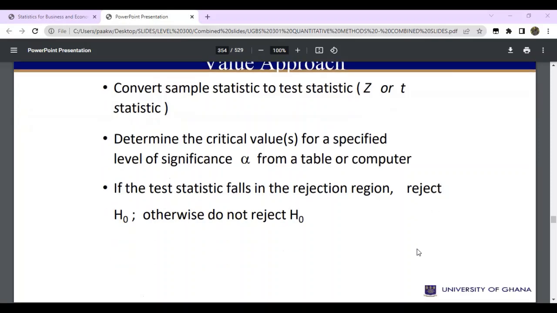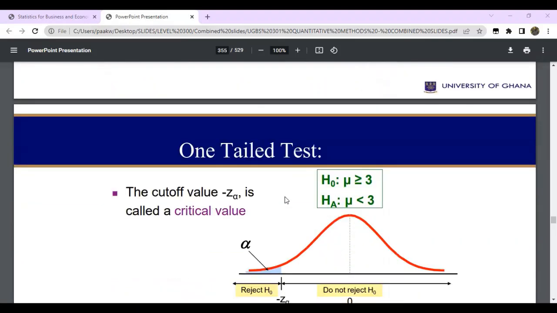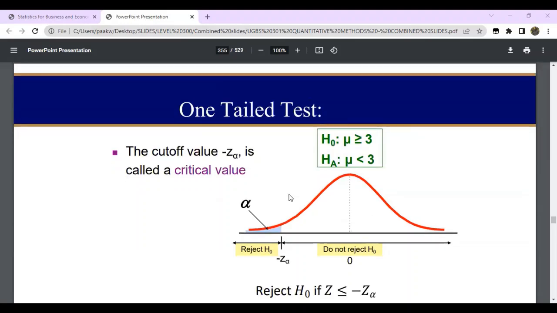So we have the decision rules: either reject the null hypothesis, or fail to reject the null hypothesis. This one is talking about the one-tailed test. I told you that for the one-tailed test, your null hypothesis is that the mean is greater than or equal to a certain number, and the HA will challenge it, that the mean is less than 3.